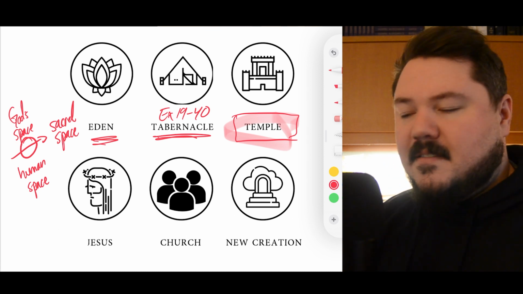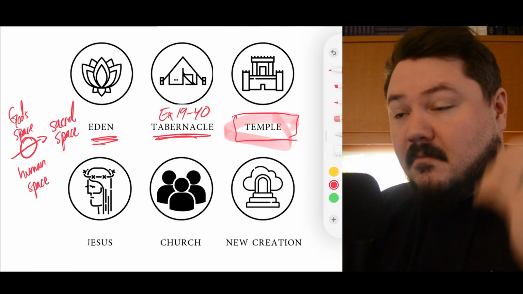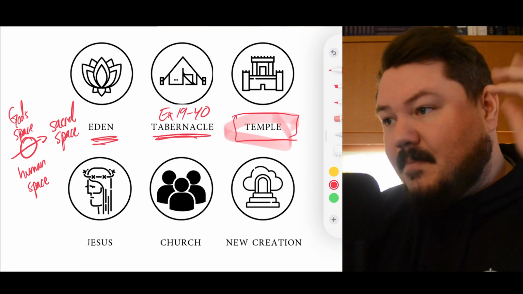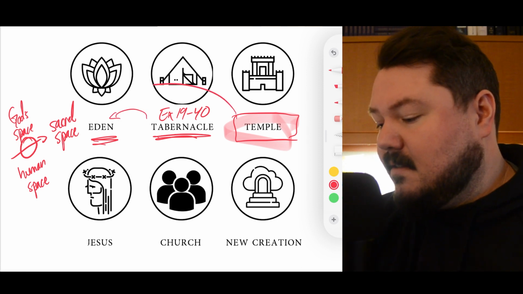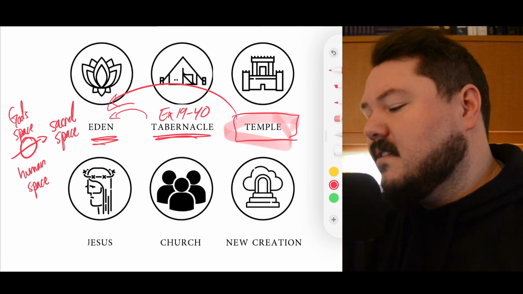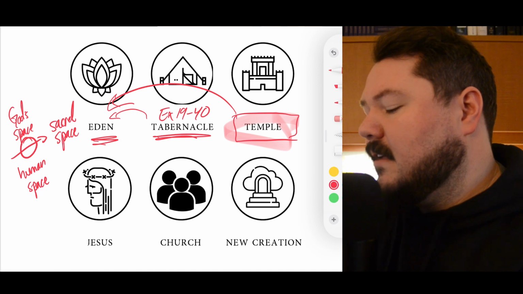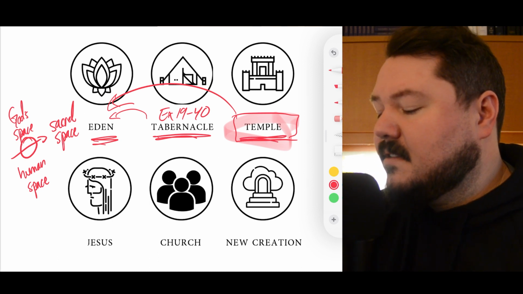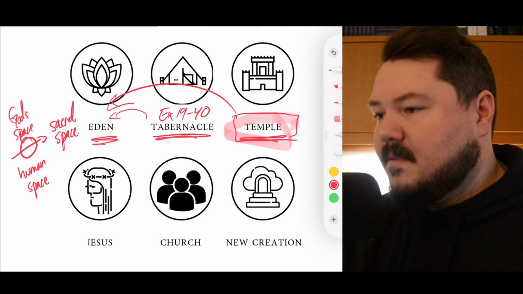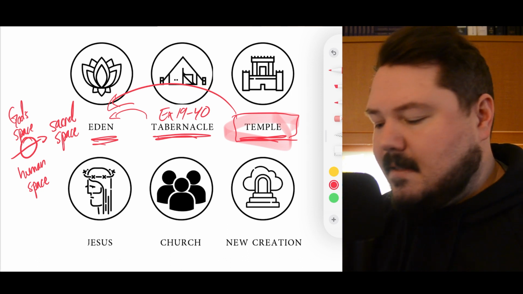And it's filled with this garden imagery. There's a lot of links in the text back to the Garden of Eden. And the same with the temple. The temple also has all these links of imagery back to the Garden of Eden and whatnot. But these were both just sacred spaces for God to be with his people. So that's why it was so important to them.